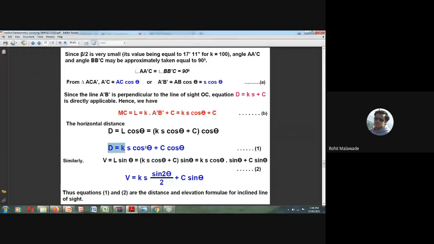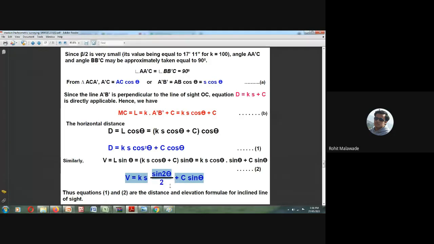So these two formulas are going to be important for us in order to solve the problem if we are going to have the angle of inclination, if the line of sight is going to be inclined.